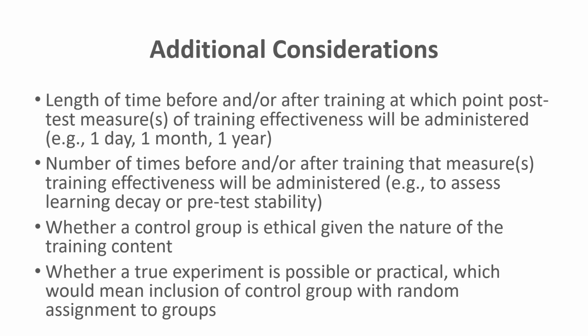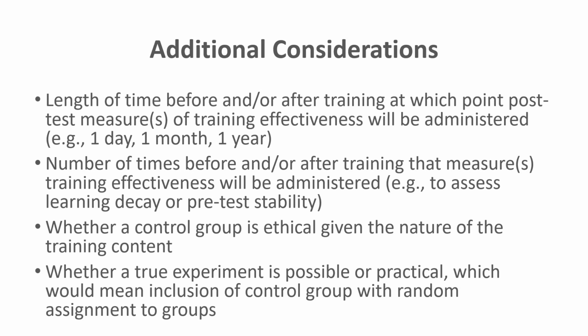Now, the final consideration I'll point out, and there are many additional considerations you could consider here, but this is one I think is important, is whether or not a true experiment is possible or practical in your organization and with this specific type of training that you're trying to evaluate. Now, the reason I bring this up, if you recall, a true experiment has not only a control or comparison group, it also has random assignment to the training group and to the control group.